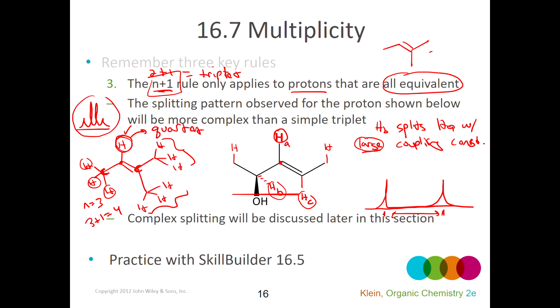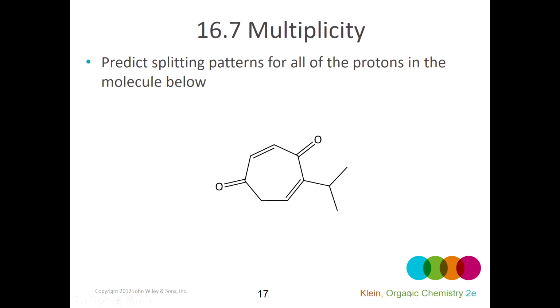I don't know that B is going to split A with a large coupling constant. But if B splits A with a larger coupling constant than the coupling constant C splits A with, then we're going to end up with this situation. So let's say HC splits HA with a smaller coupling constant.